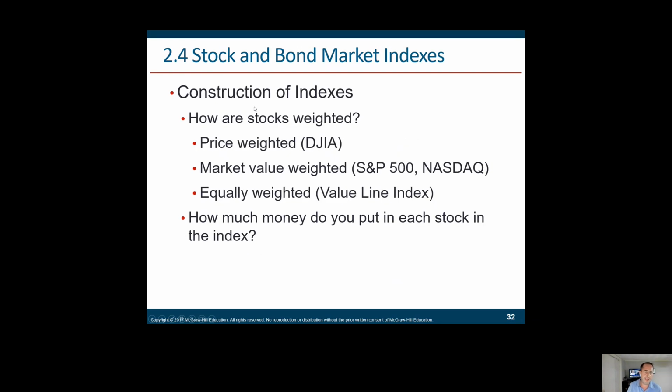So most indexes are market cap weighted or market value weighted. That's the most common logical way to construct an index. So think about the S&P 500 and the NASDAQ. The biggest companies have the highest weight. Dow Jones, on the other hand, is a price-weighted index. Price-weighted indexes are pretty arbitrary, because a company can have a high stock price but not be a valuable company.